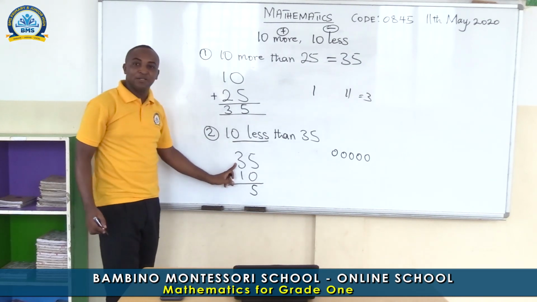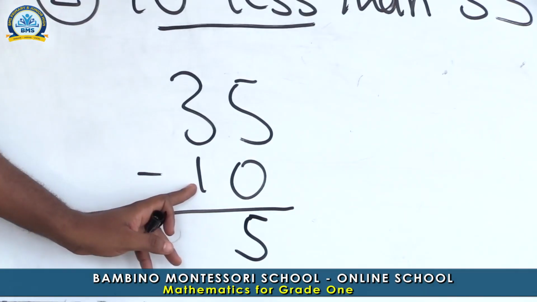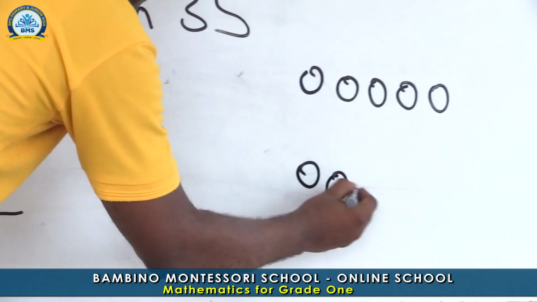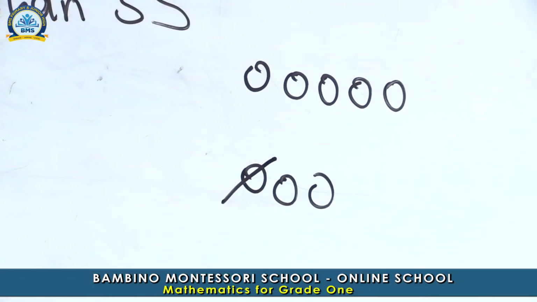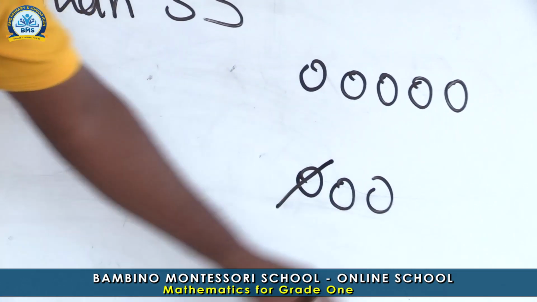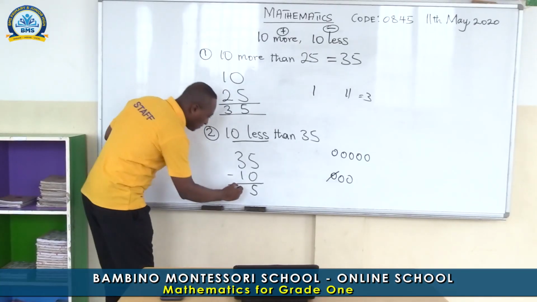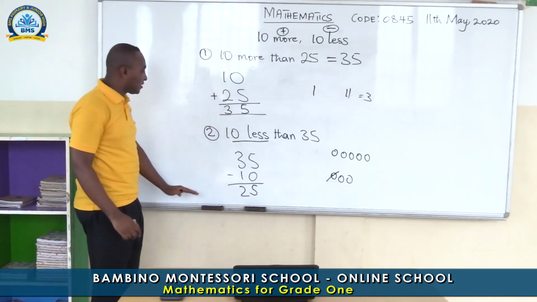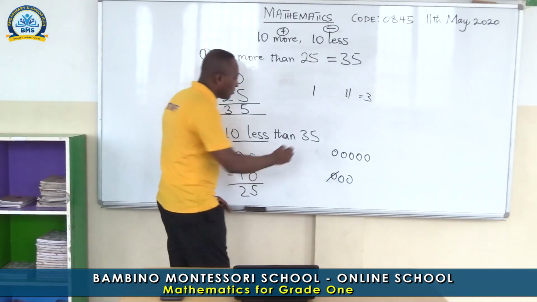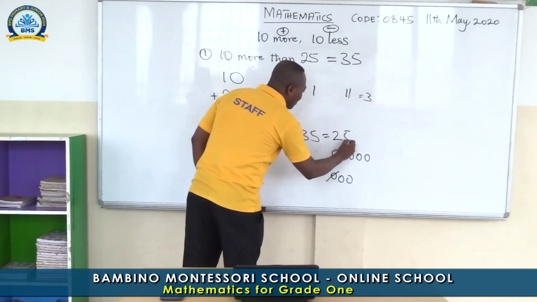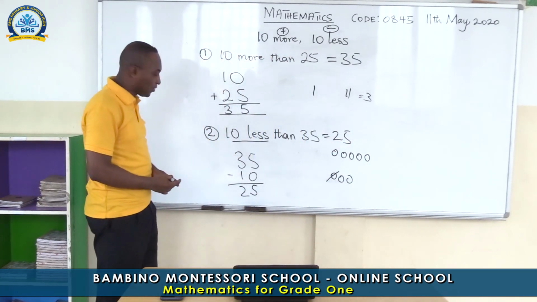Then we have 3, take away 1. That's 3. Take away 1, so we cancel one of them. How many do we have left? That's 2. So this implies that 10 less than 35 is equal to 25. So our answer is 25.